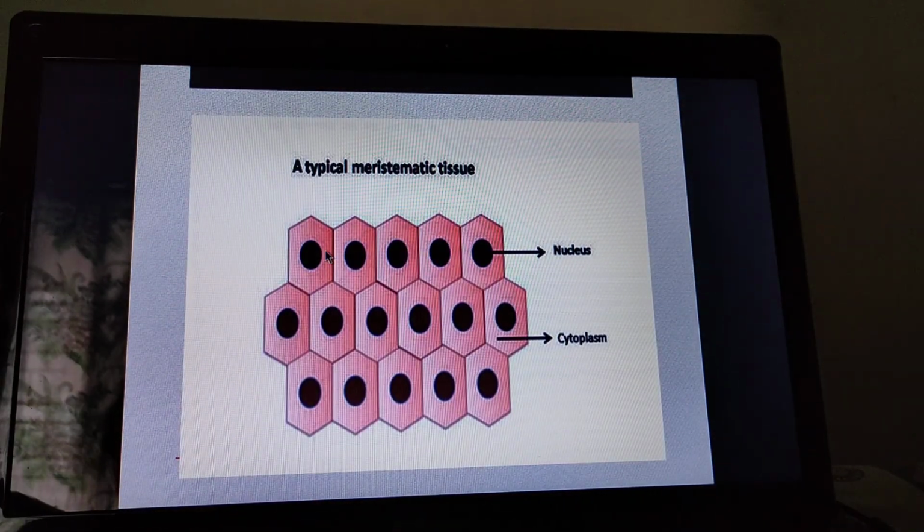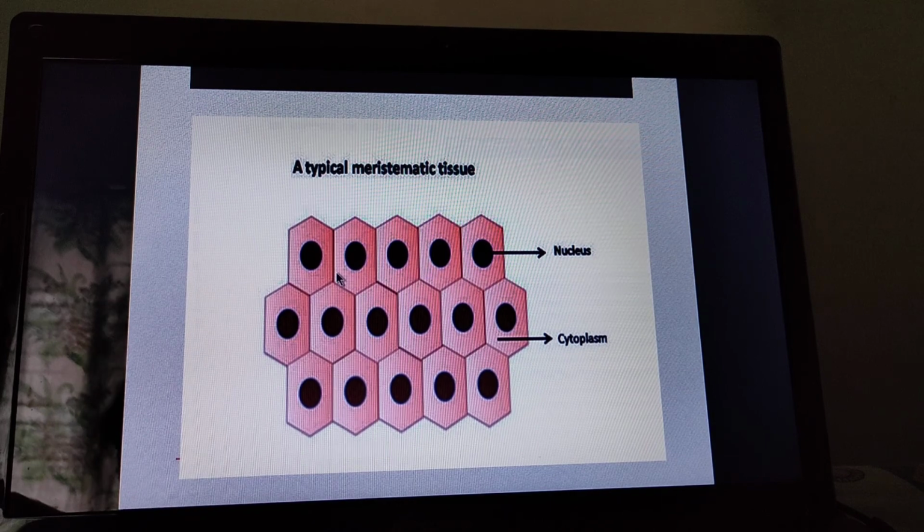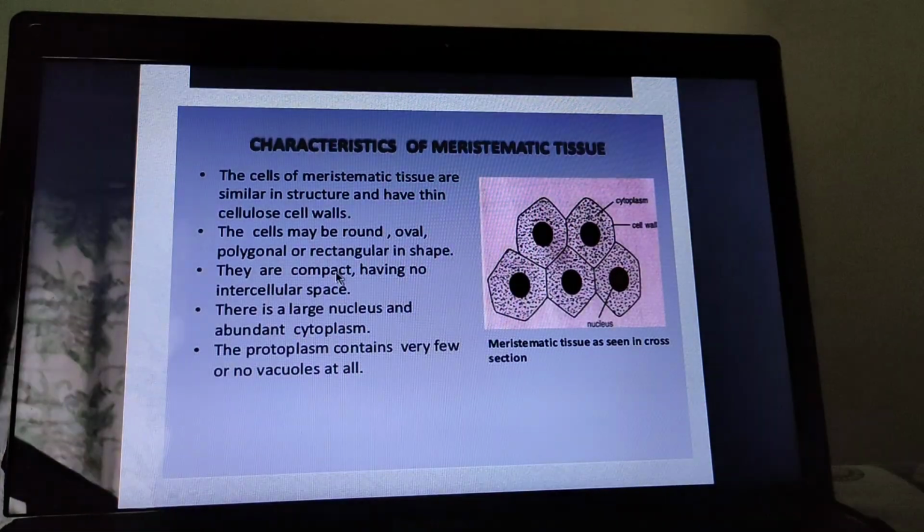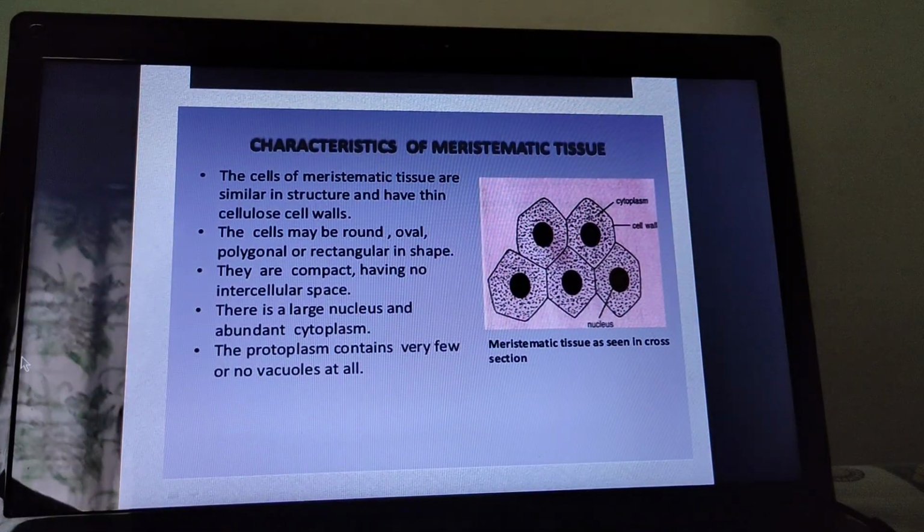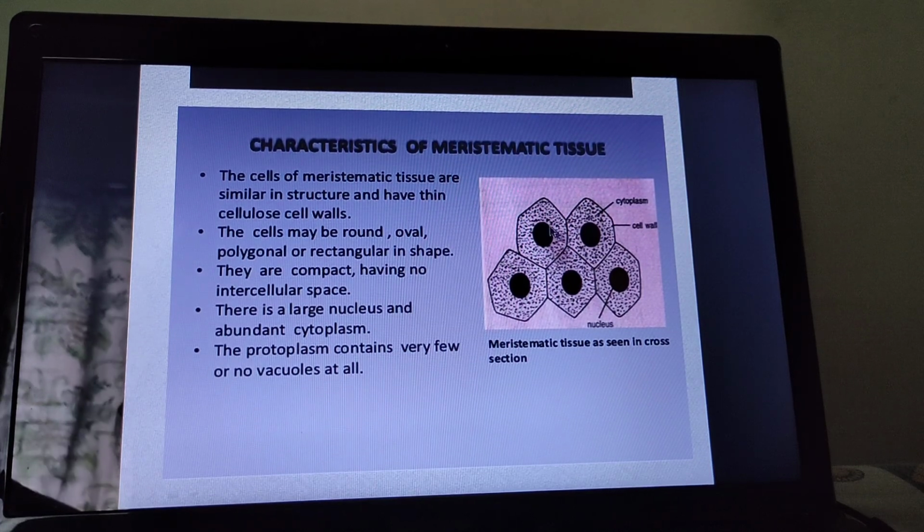Look at this diagram. Have you seen any space between two cells? No. So cells are compact and having no intercellular space. There is a large nucleus. Look at this diagram.